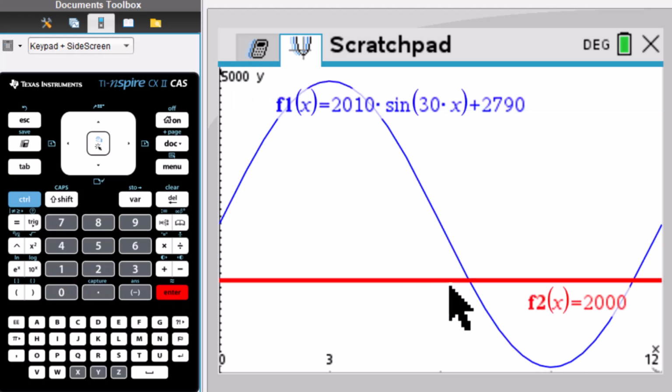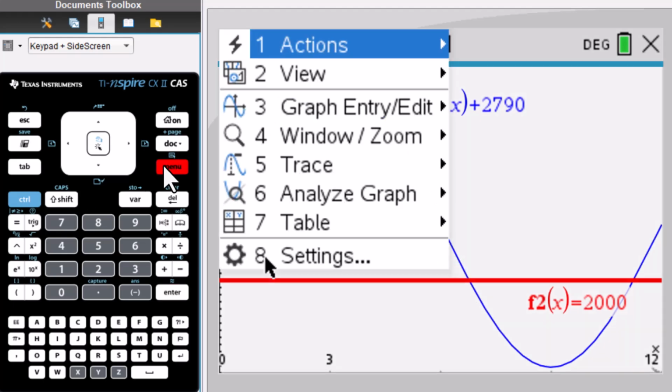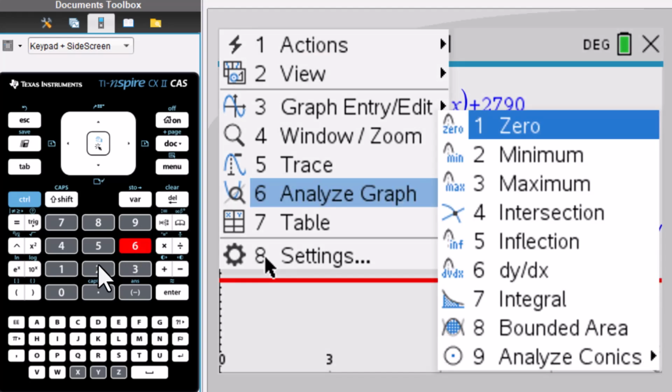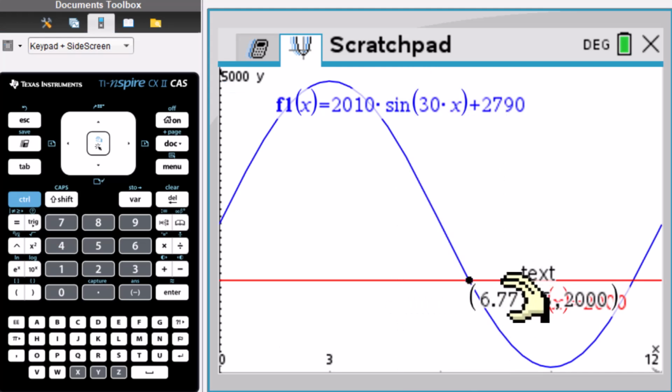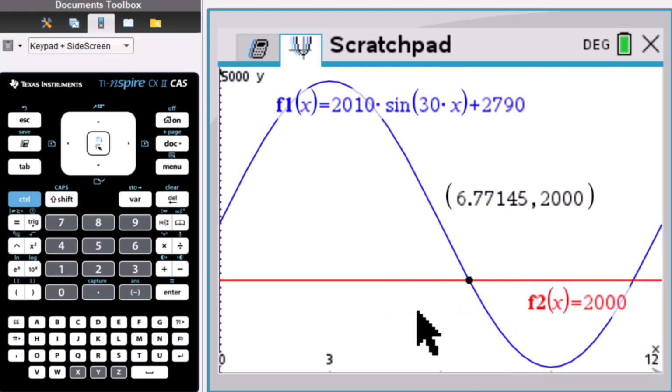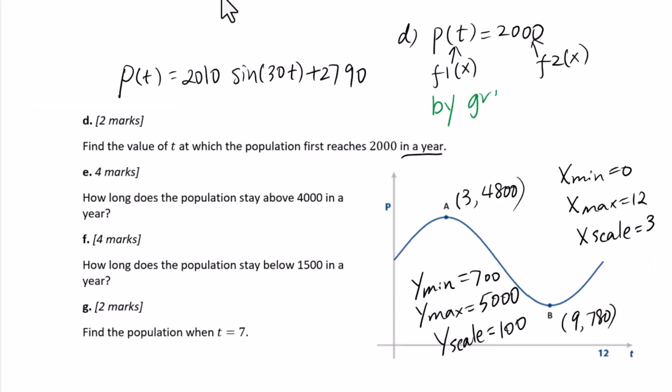Enter. This intersection means the population first reached 2000 in a year. Menu, Analyze Graph, 6. Intersection, 4. Answer is 6.77. By graphing, t equals 6.77.